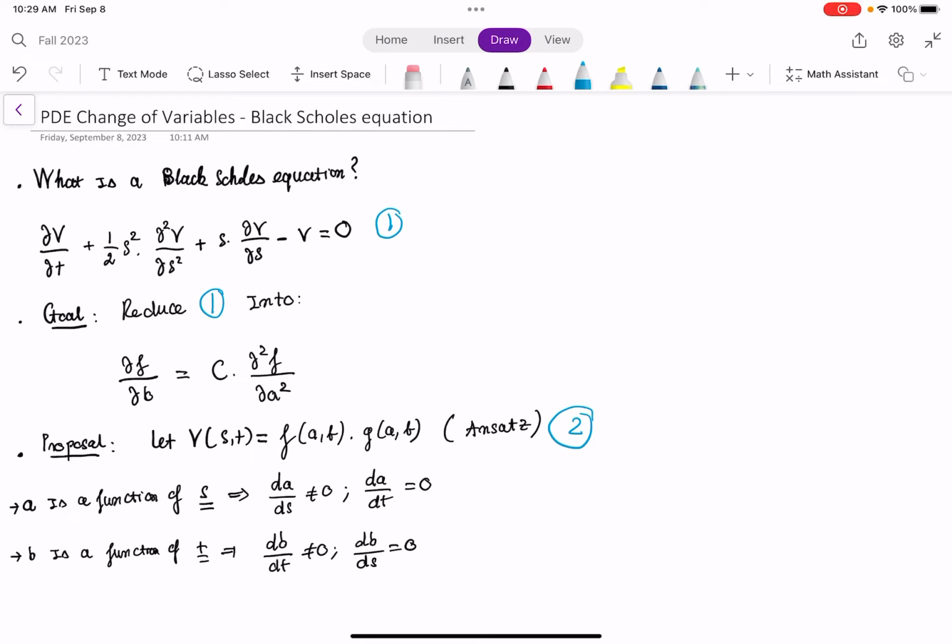I'm not sure what's the correct term for this, but basically you can solve it using a classic method, separation of variables. Equation 1 is kind of hard to solve, so I will attempt to reduce it into that form so that you can solve it easier.